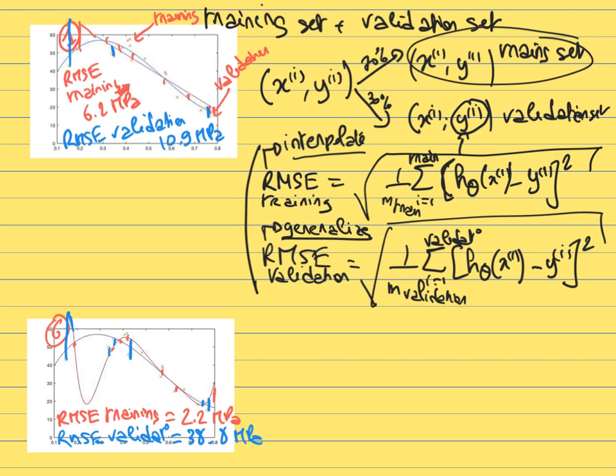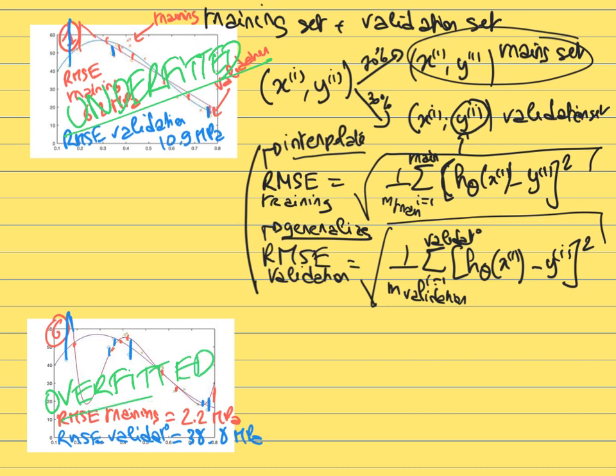When you have a model that is making at the same time a big error for the training set and a big error for the validation set, then it's most likely underfitted. In the other case, it's a model that is likely overfitted because it's doing an excellent job at interpolating the training set.